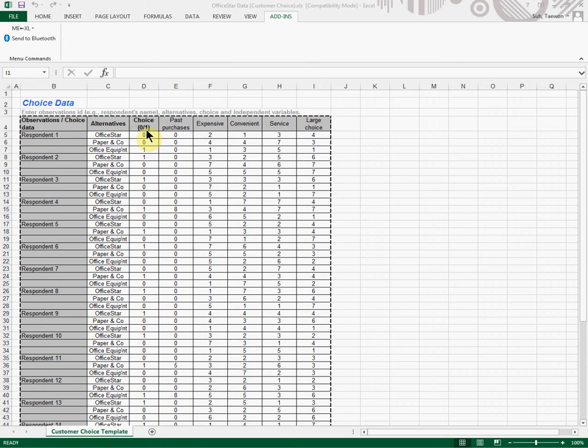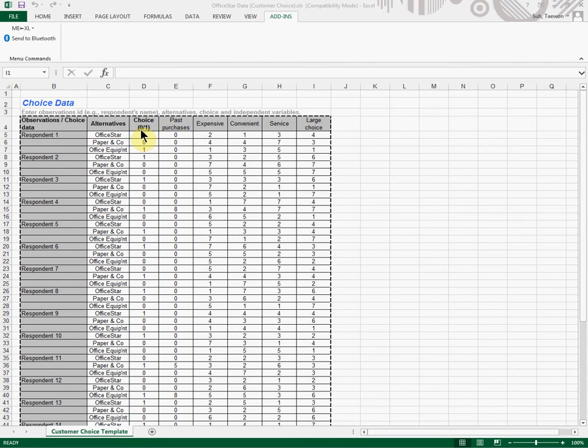Logit regression can deal with nominal or categorical scale, particularly with two values. So we can use this as our dependent variable. One means I will purchase the product, and 0 means I will not purchase the product.